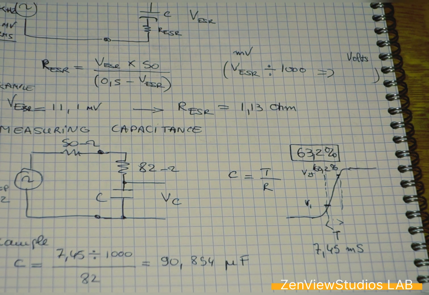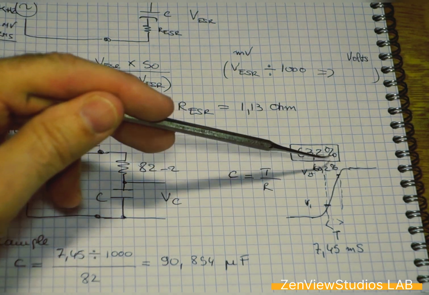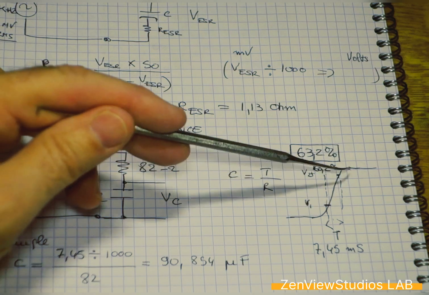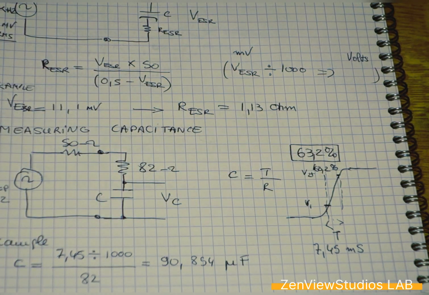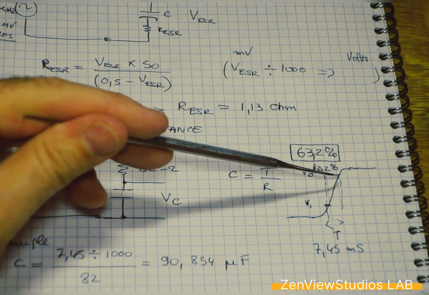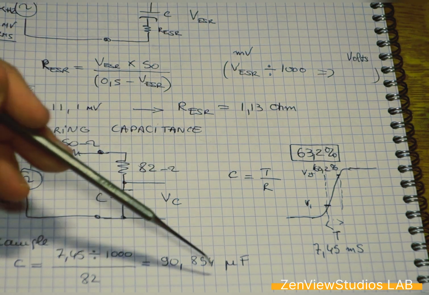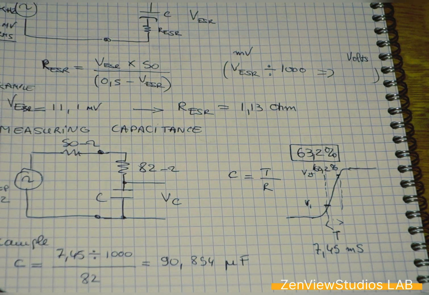And that's how we get to measuring the capacitance with just a simple generator. The precision is all in the cursor measurement that you do here. The more precise you get a measurement here, the more precise you'll get a value. Voila.